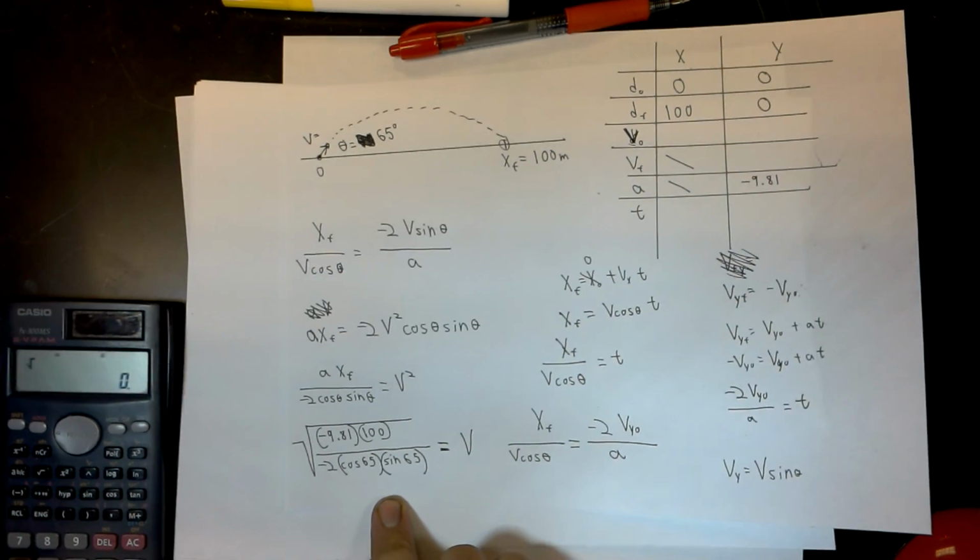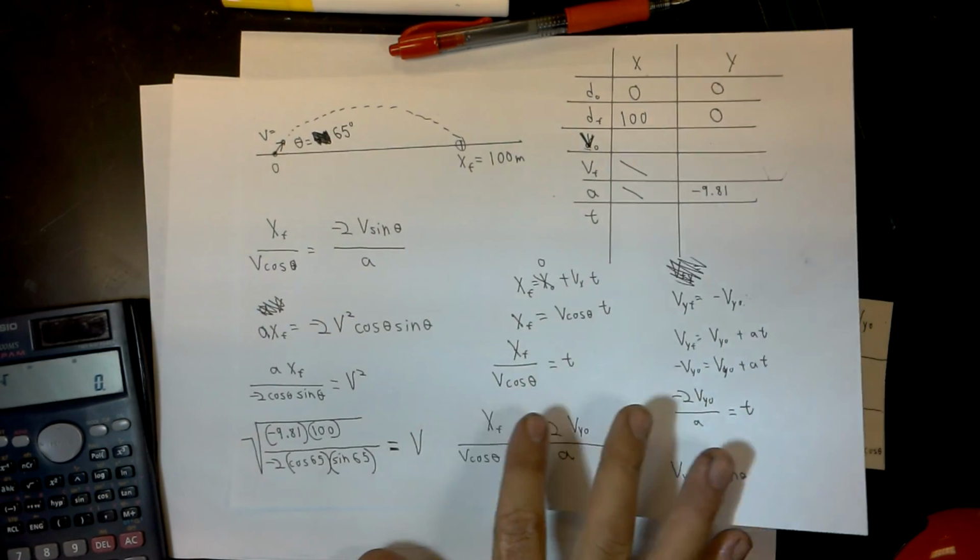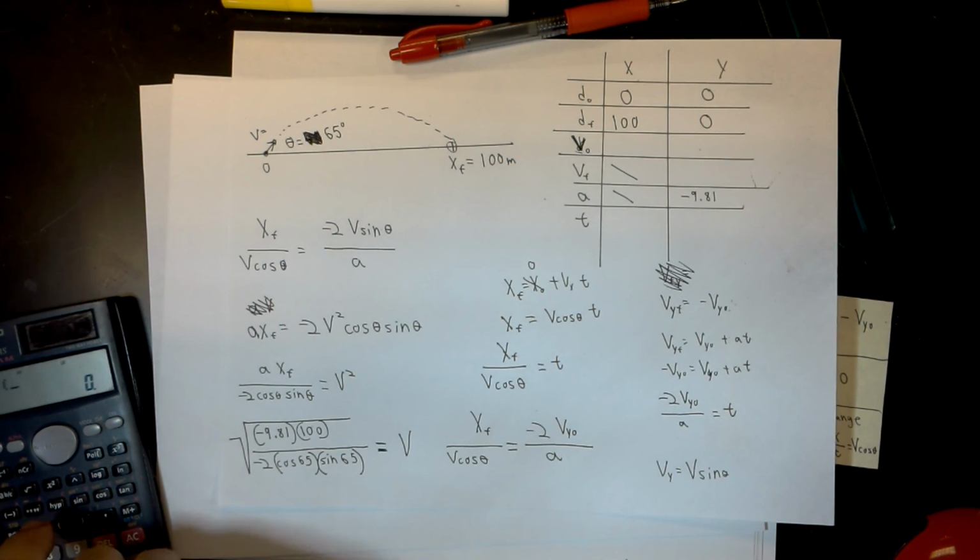Square root. So I'll start off with the square root, and I'm going to put two sets of parentheses. One set of parentheses for the top, one set for the bottom. So negative 9.81, I'll put in the negatives too. 9.81 times 100. Parentheses divided by parentheses negative 2 times the cosine of 65 multiplied by the sine of 65.